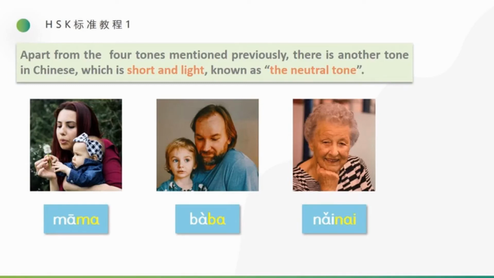And here are 3 words. There is a neutral tone in these words, like mama, 爸爸, 奶奶, right? How to say grandfather? 奶奶 means grandmother, right? So how to say grandfather? Do you know? Yes, 爷爷.